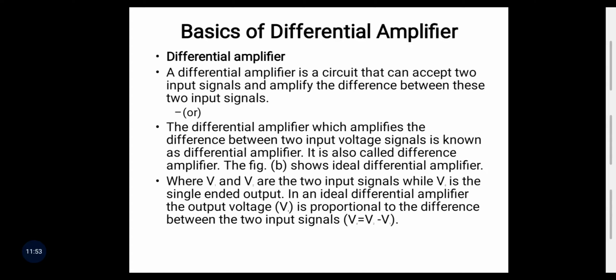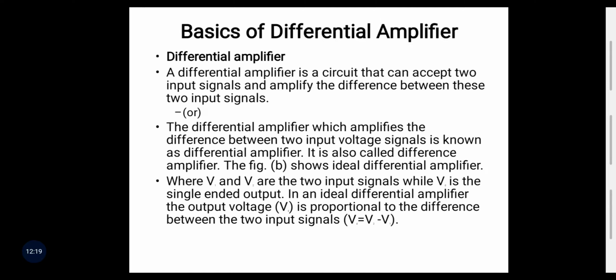So in that case the noise is not amplified because it is a common signal. The difference of a common signal is 0. So the common signal present at the two terminals is eliminated by the amplifier. It is not amplified by the amplifier.